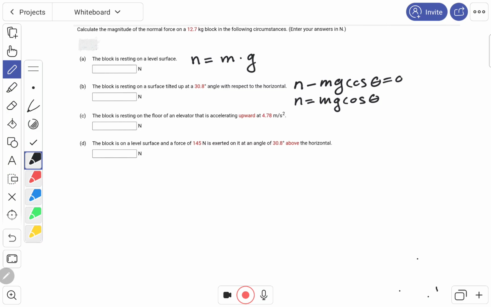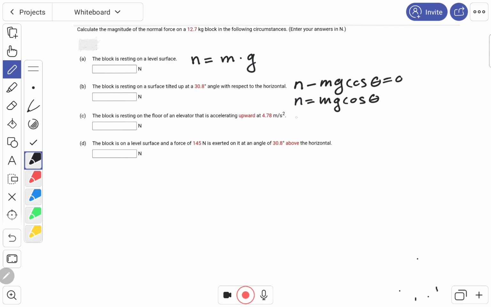Part C is saying the block is resting on the floor of an elevator that is accelerating upward at 4.78 meters per second squared. So when the block is on the surface of an elevator accelerating upward, it means a positive acceleration, positive 4.78 meters per second squared.